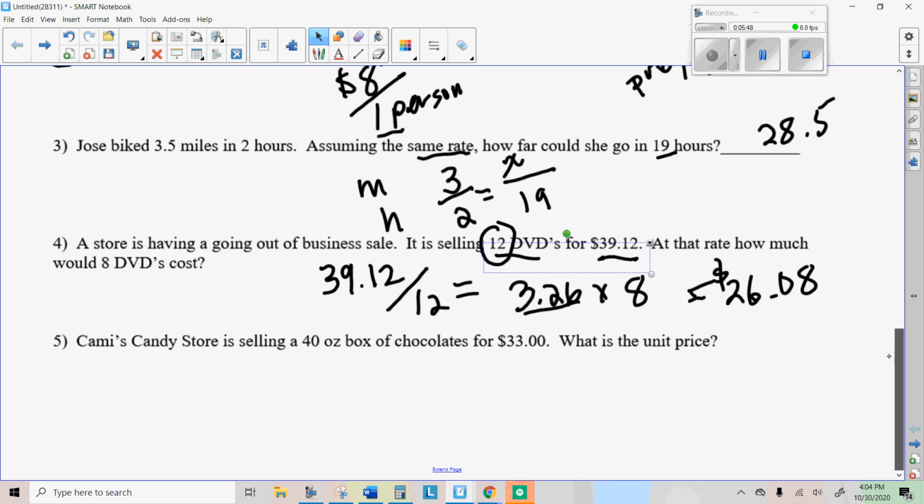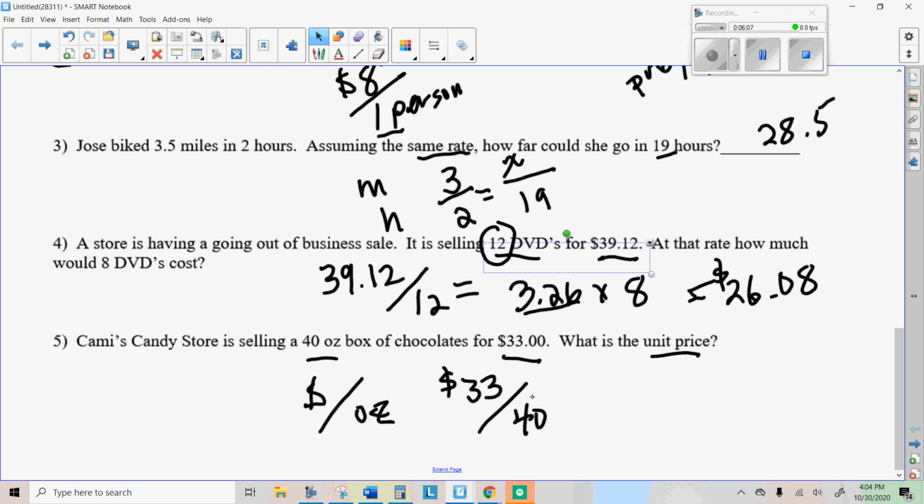All right. Cammy's Candy Store is selling a 40-ounce box of chocolates for $33. What is the unit price? So I think they're talking about the dollars per ounce. So I'm going to divide my dollars by my number of ounces.